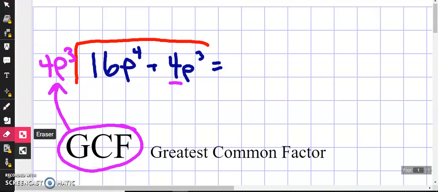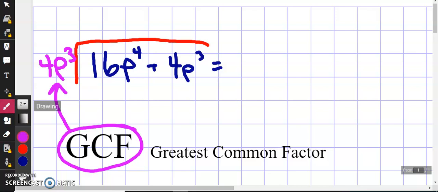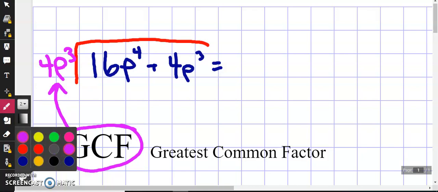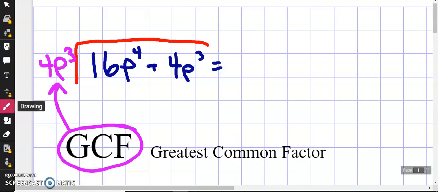And so now that I have my greatest common factor, I'll simply compare what's in the box to my common factor and figure out what goes on top that would multiply to make the inside. So if I look at my terms, I know that 16 divided by 4 would give me 4.